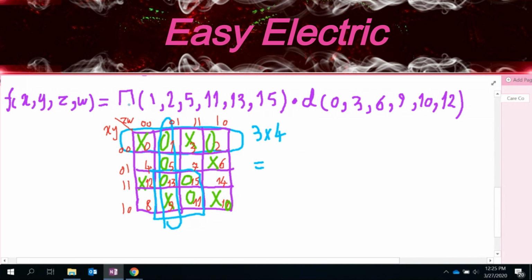Just be careful. This is a Maxterm, not a minterm. So it should be, you tell me, x plus y. The format is a Maxterm. So that means you consider x plus y plus z plus w. Because that's a Maxterm, whenever they have 0, no prime, 1 is prime. This is exactly the opposite of the minterm.